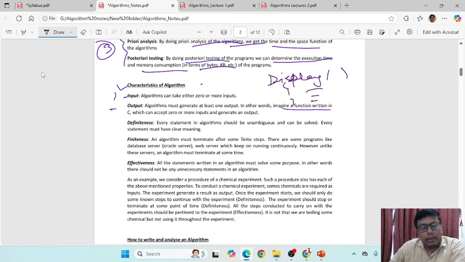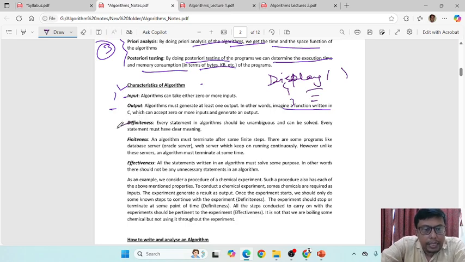An algorithm should accept either zero or more inputs, and it will always generate at least one output. Otherwise, writing an algorithm which generates no output is meaningless. So you have to write an algorithm which generates at least one output.